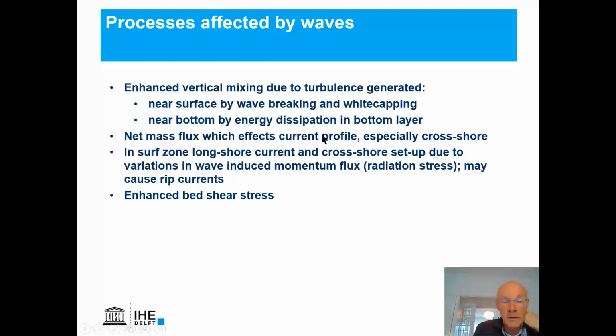We have a net mass flux which affects the current profile, especially in the cross-shore direction. This is mostly in 3D. In the surf zone, we have a longshore current and a cross-shore setup due to variations in wave-induced momentum flux. This may cause rip currents. And we have an enhanced bed shear stress.